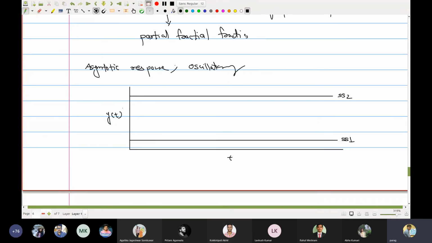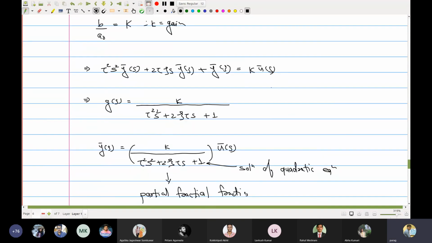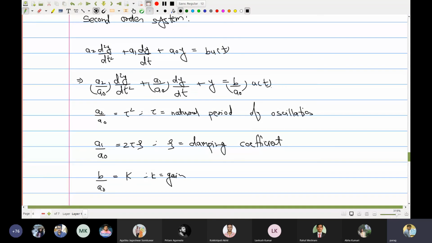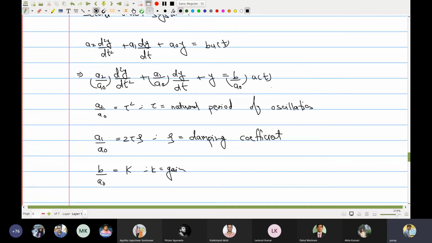All of these are for absolute dynamics. Now between two steady states also, it's possible that you go to a new steady state like this, or you oscillate, and so on. And all of these depend upon these parameters which you have defined here.